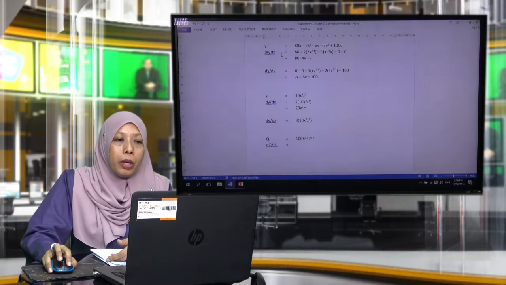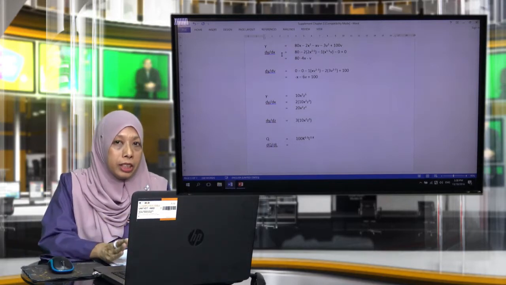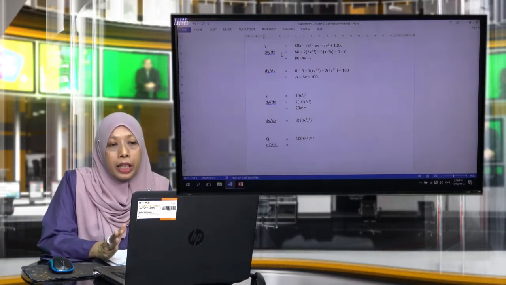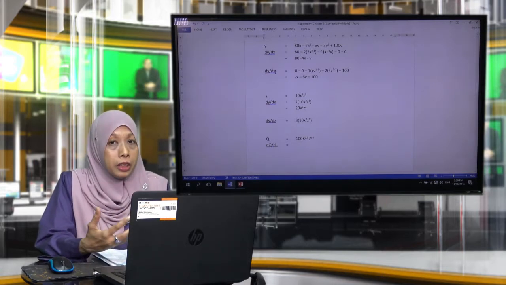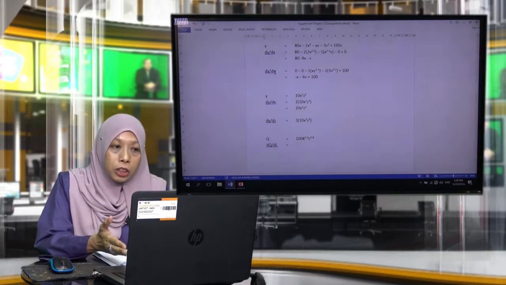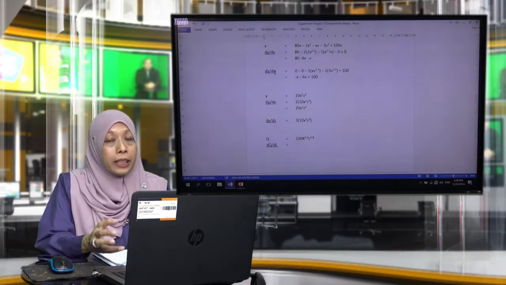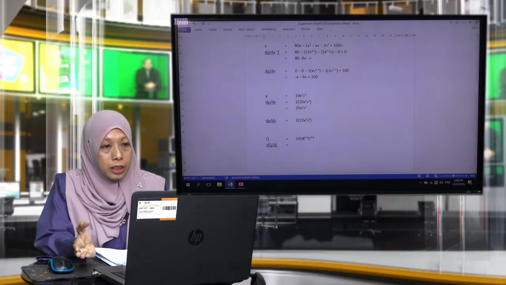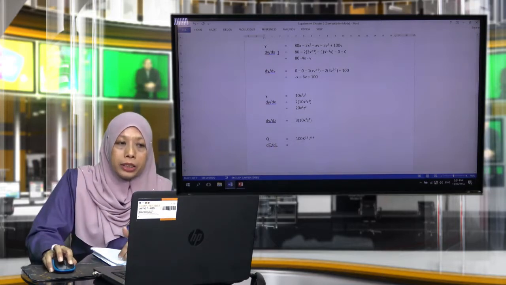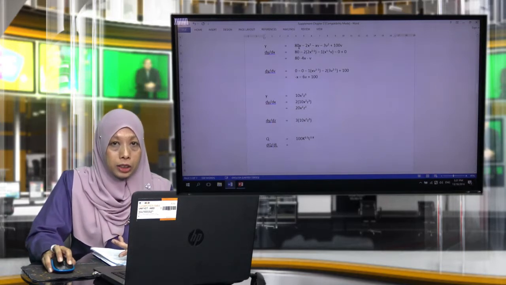What we want to do is differentiate the function. Since we have two independent variables, you are required to use the partial differentiation technique. First of all, you differentiate the function with respect to x. When you're doing that, you have to assume v as a constant. The next step requires you to differentiate the function with respect to v, and when you're doing that, you have to assume x as a constant.